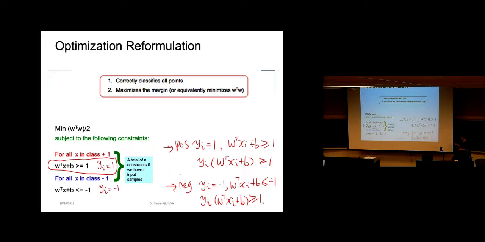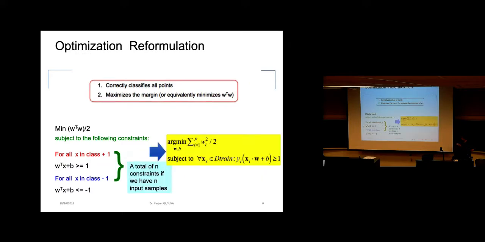So this is a summarized way to guarantee all the training samples are predicted correctly. I'm looking for the W and B that make sure all the training samples are predicted correctly, using this as a constraint in my optimization. This is the summary, and we already learned about this many times before.